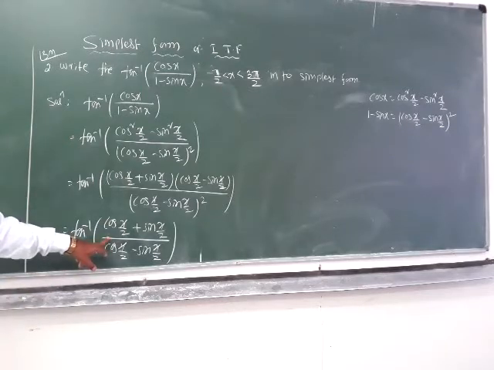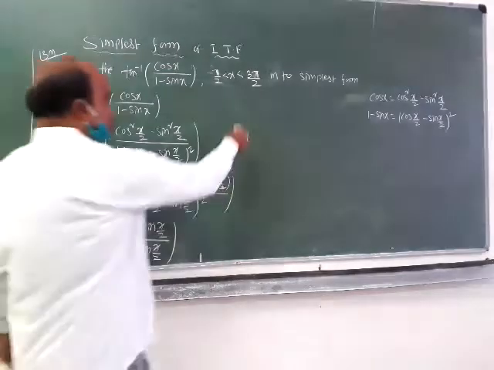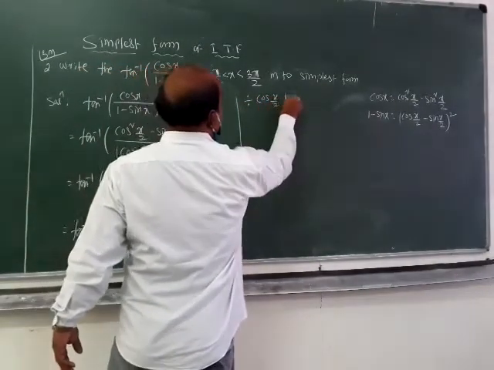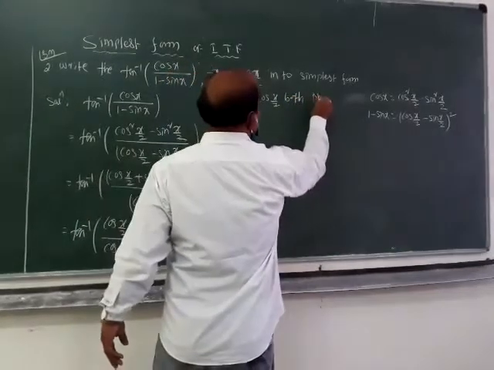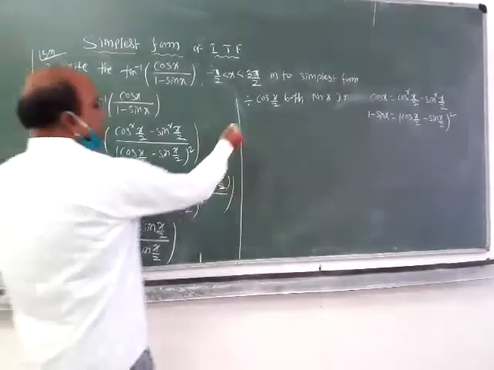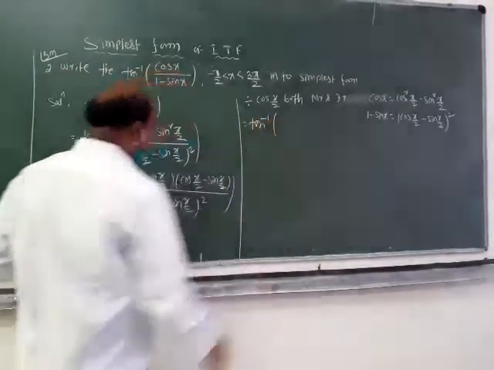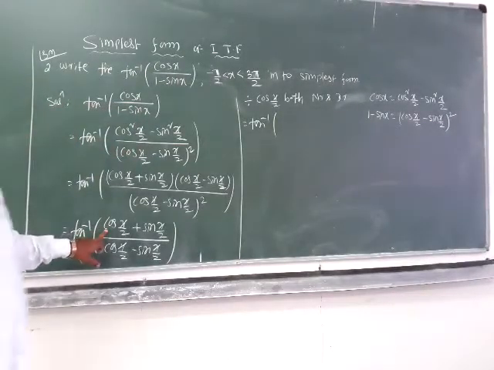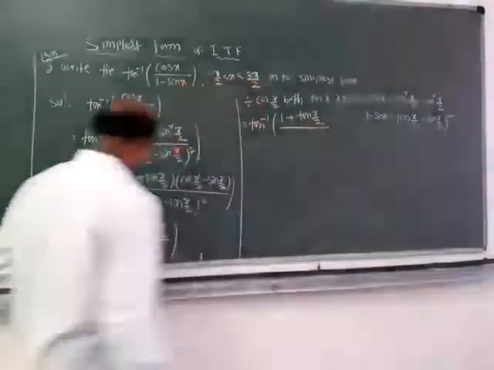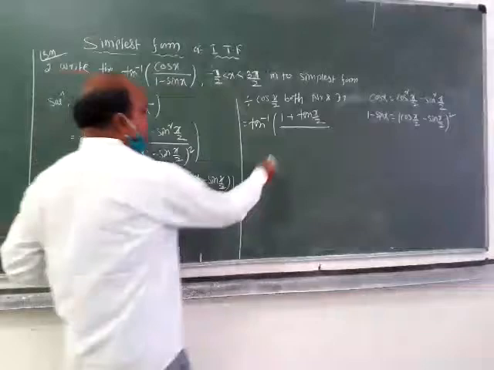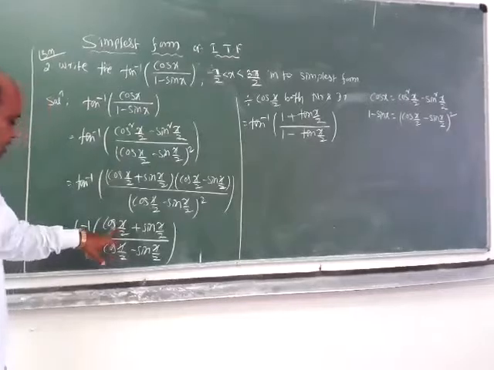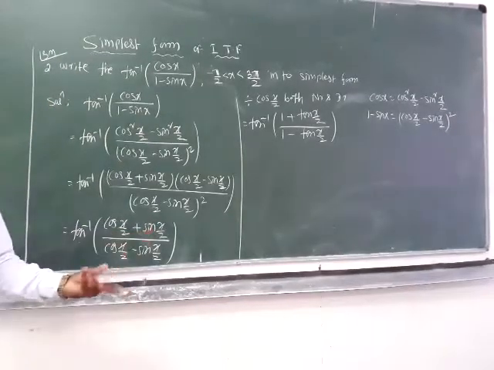Similar to the previous problem, now what do you do? Divide by cos x by 2 in both numerator and denominator. So then we get tan inverse of 1 plus tan x by 2 upon 1 minus tan x by 2, because sin by cos is tan.